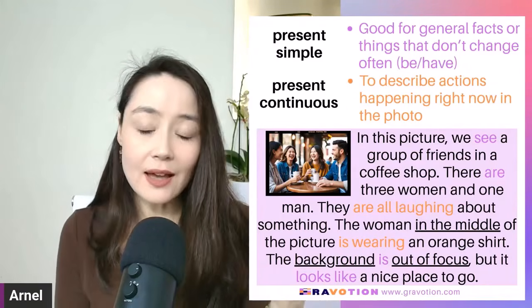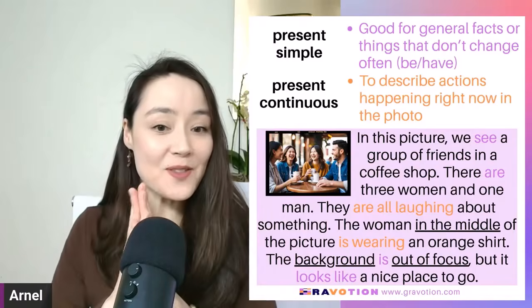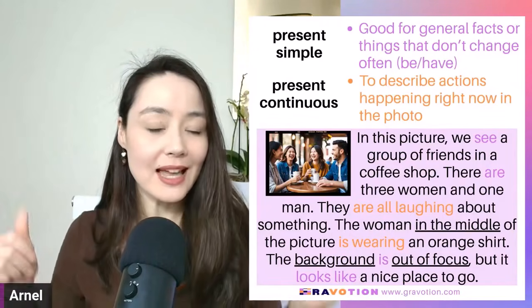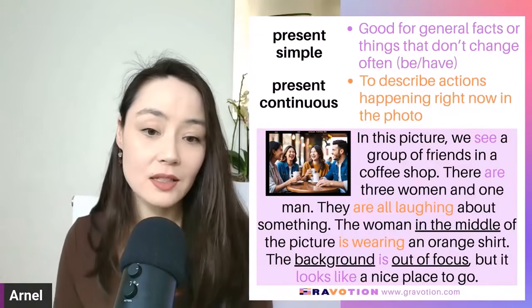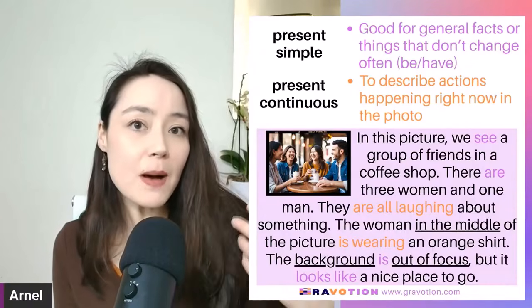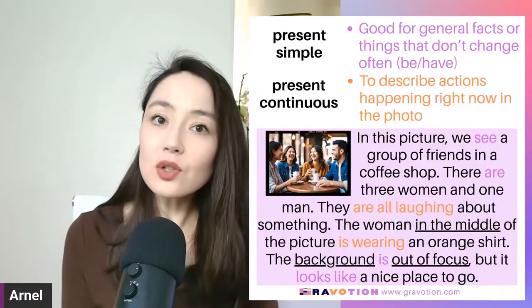They are all laughing about something. The woman in the middle of the picture is wearing an orange shirt. The background is out of focus, but it looks like a nice place to go. So when you're thinking about describing a picture, what you see in the moment, use these 2 tenses.